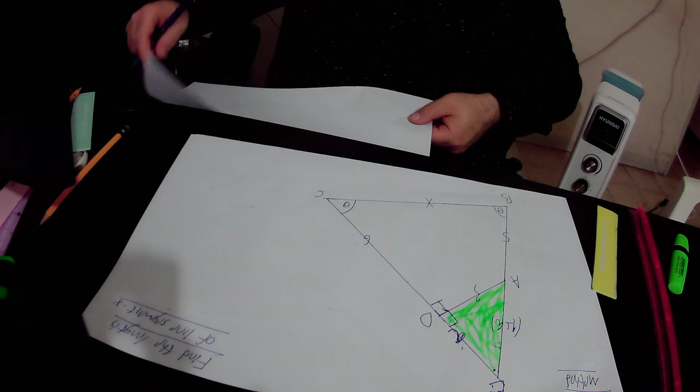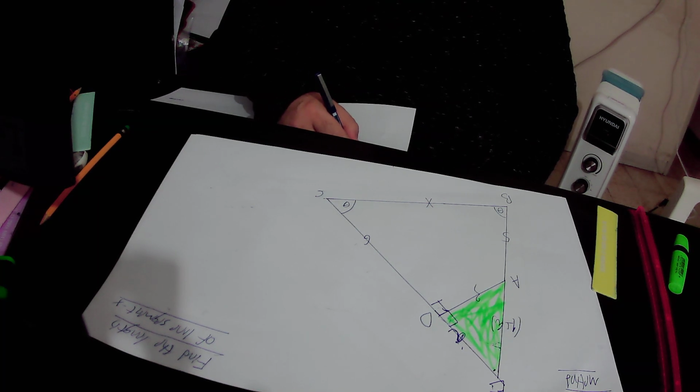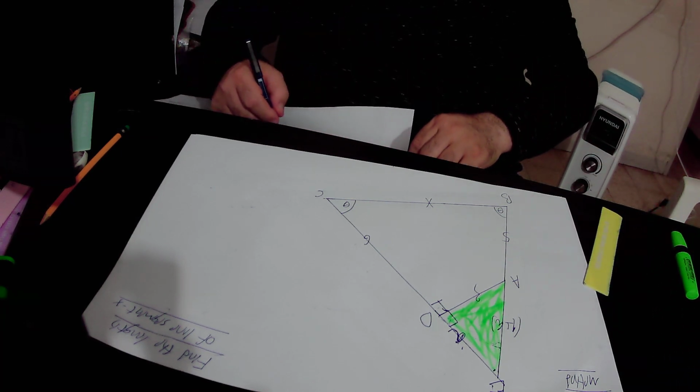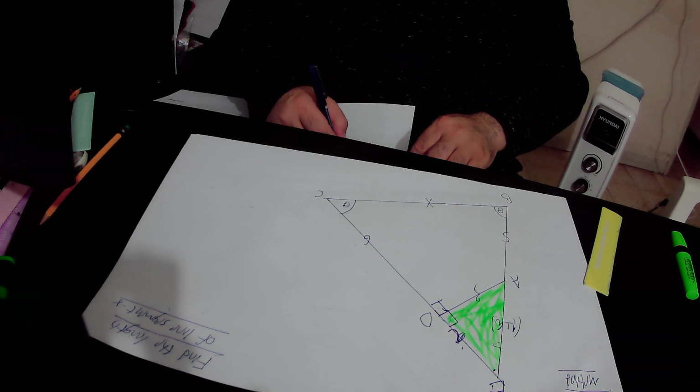Here AE equals 1 plus A, so we substitute AE by 1 plus A. It means that AE squared equals (1 plus A) squared, and it is equal to AD squared plus ED squared.